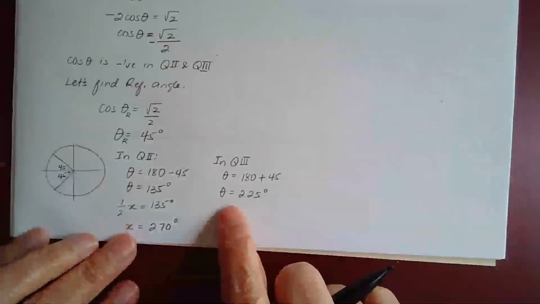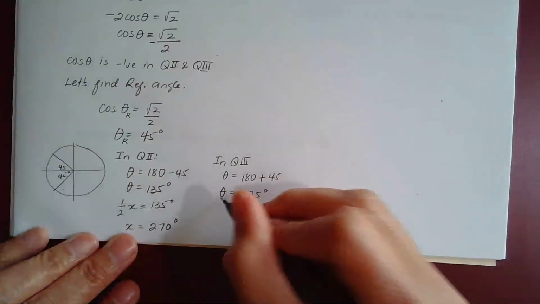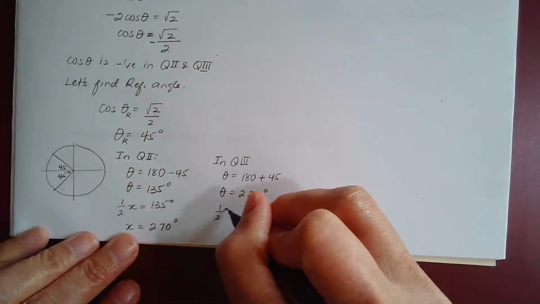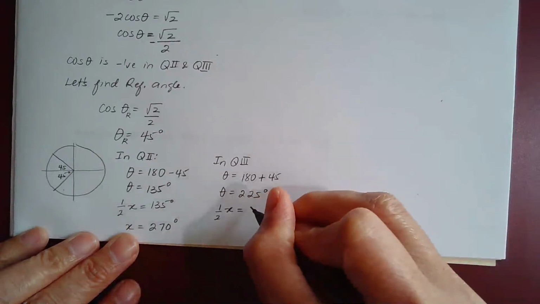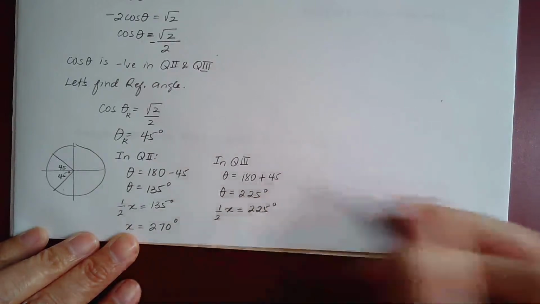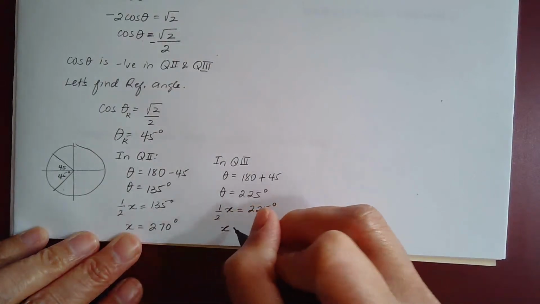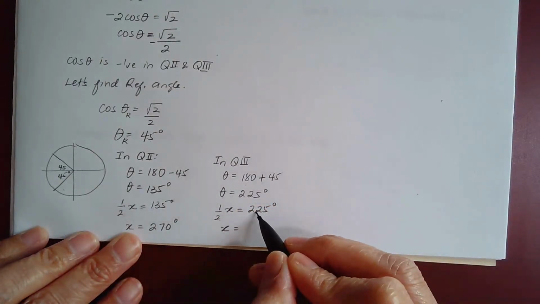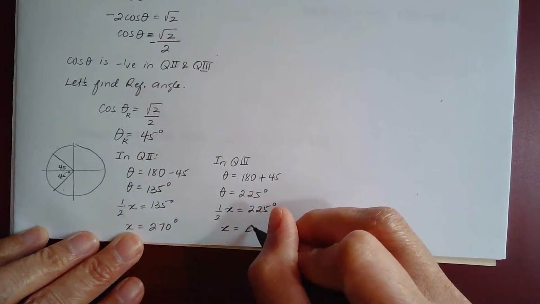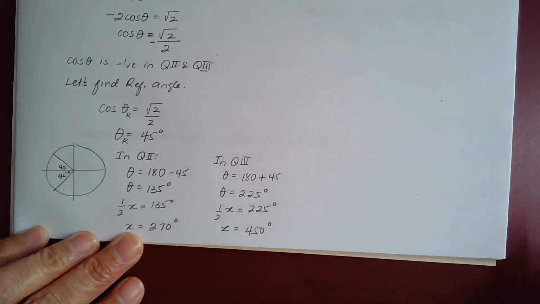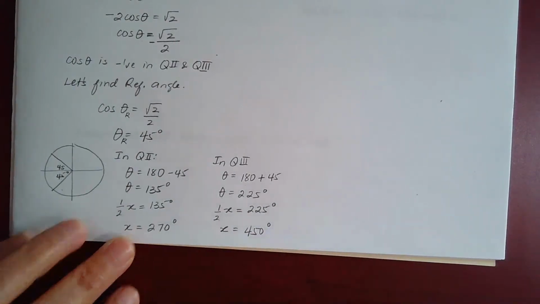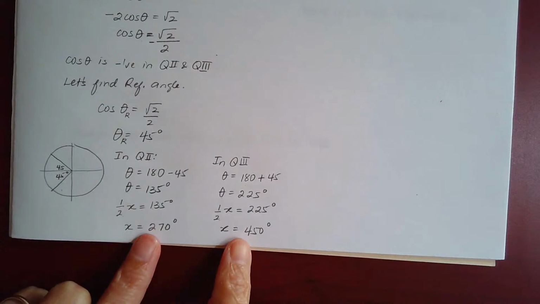What about the other one? We replace theta by 1/2 x, so 1/2 x equals 225 degrees, and cross multiplying, x is 225 times 2, which is 450 degrees.